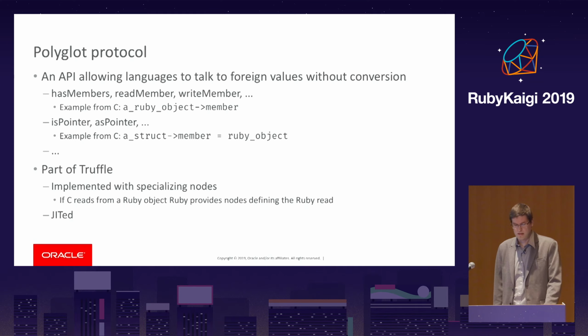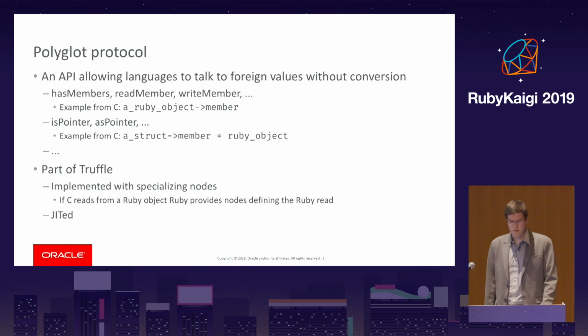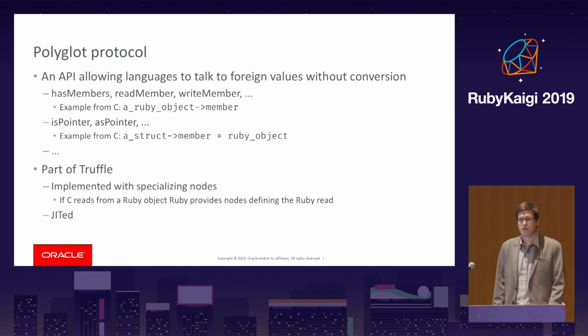For example, if you're looking at C code where you have a Ruby object, and syntactically it means reading a member from a struct, that's translated to calling hasMember on the Ruby object, and if it actually has members, then you can read the member from that Ruby object, even though it is actually C code. So this is one set of the messages we have, and then there is isPointer and asPointer.